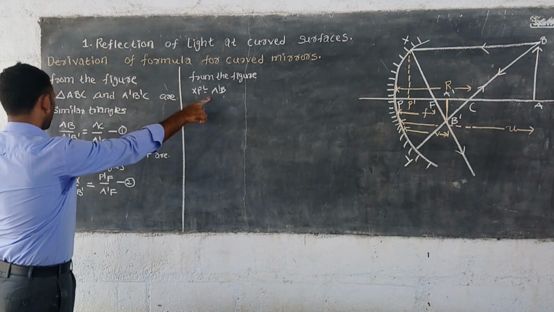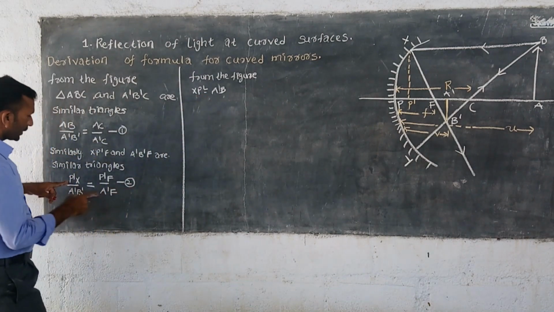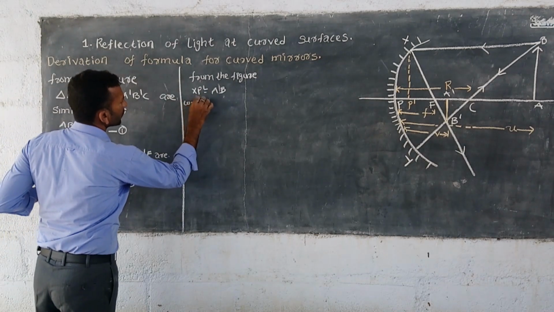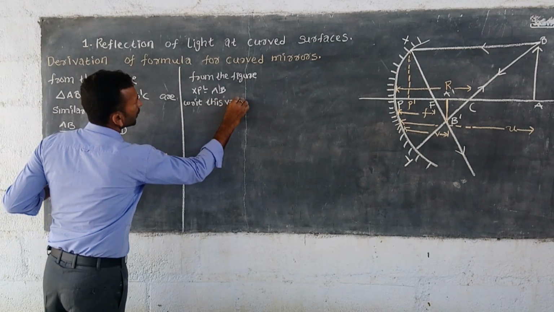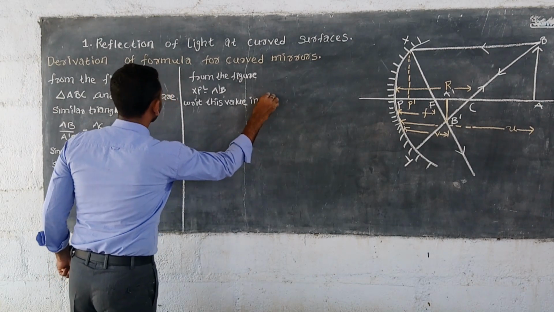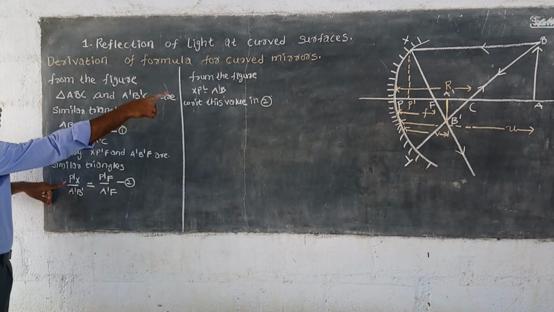So substitute the XP' value in equation 2, then equation 2 will become as follows.